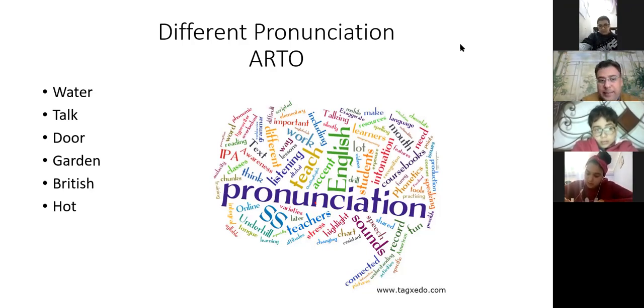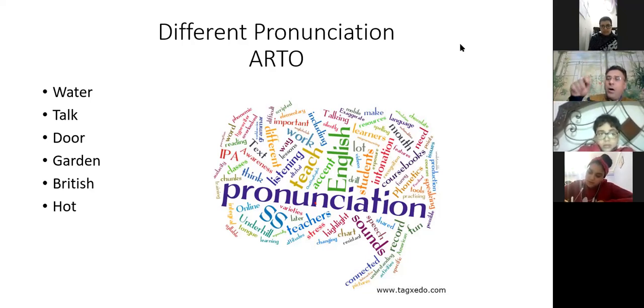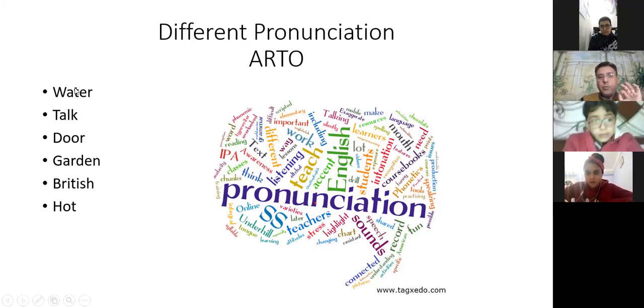T with R. T is near from D, and when it's followed by R, we can say it as R. For example, here we have in British, water without R. In America, water, water. So I pronounce it D, like D with R, or both of them are water.